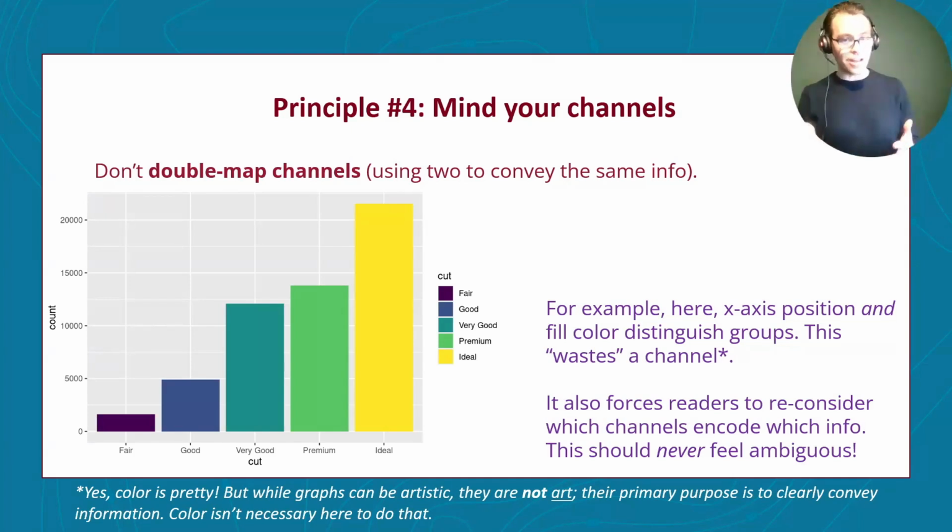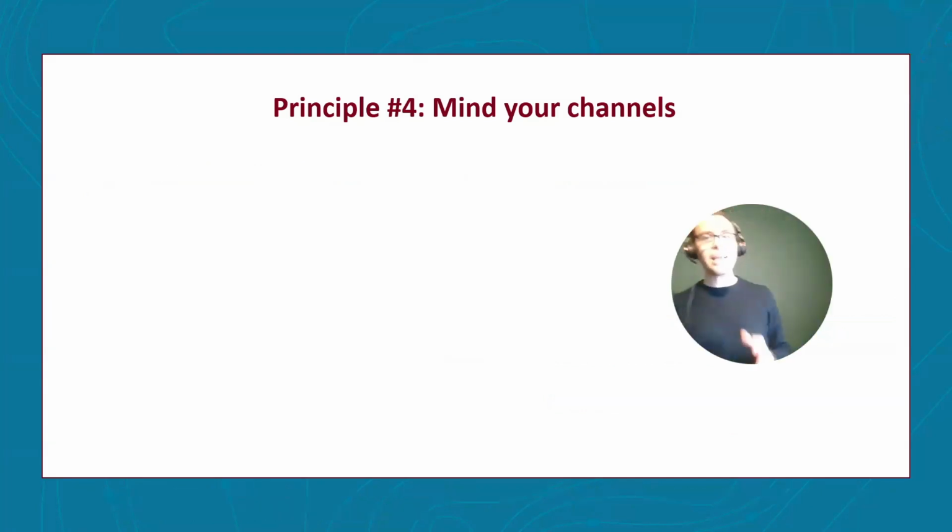So I will challenge you to pay attention. I bet that you will see double mapping of channels all the time in graphs, especially with color. And it's another good reason to avoid using color as a visual channel, at least at first, because it is so tempting to double map it. One last point to make about channels is that we sometimes forget we can use several graphs to tell a single story rather than smashing a big story all up into one graph.